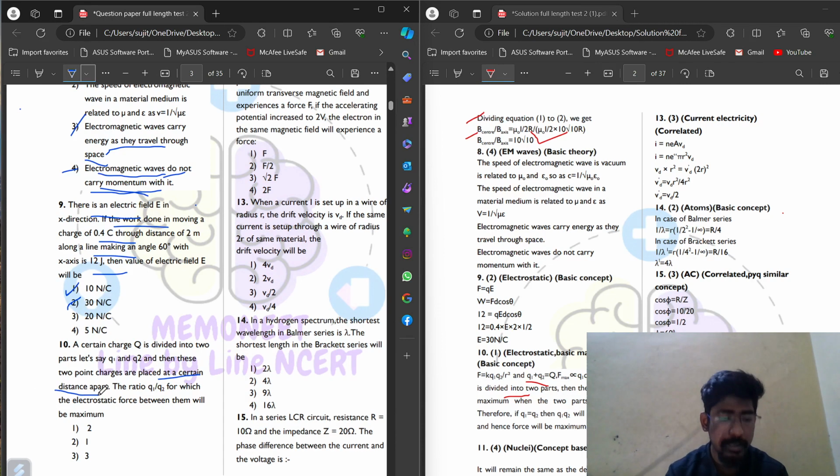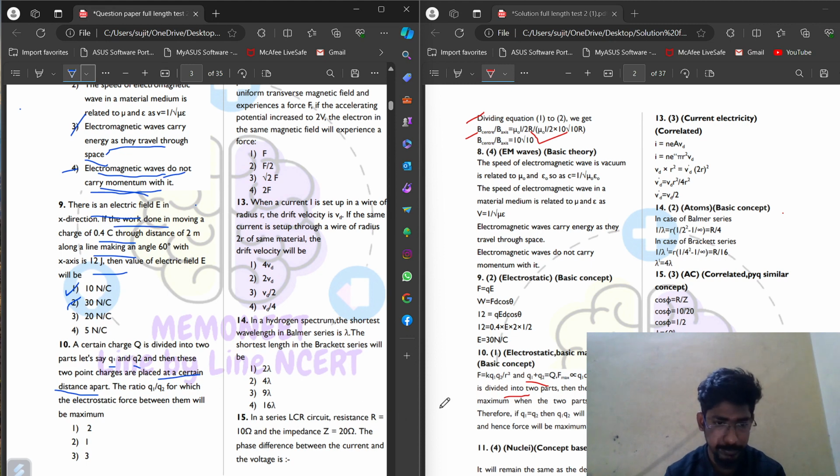So the maximum force will depend only on the value of the charges.